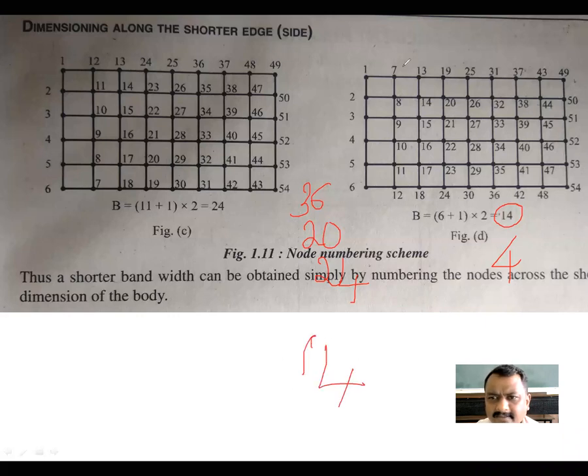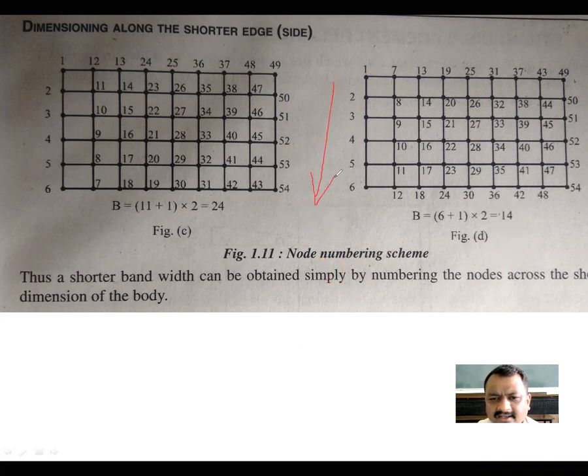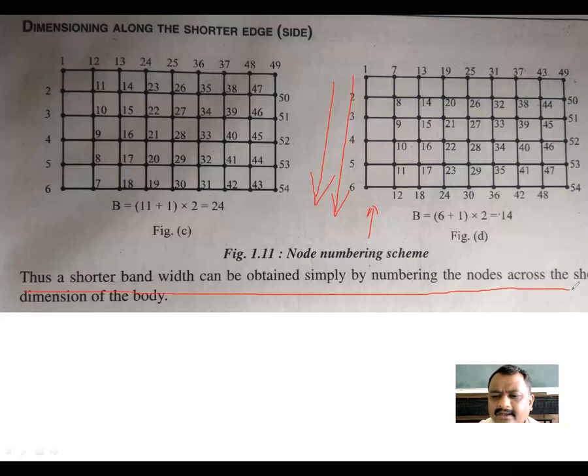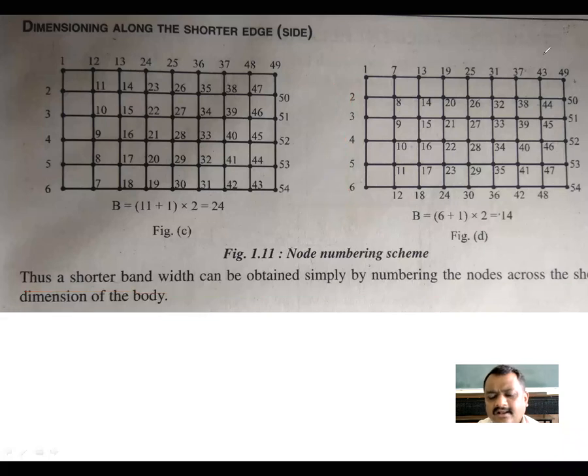So if my bandwidth has to be less, I should always number along the shorter side, and also follow the same direction instead of going in the opposite direction. Thus a smaller bandwidth can be obtained simply by numbering the nodes across the shorter dimension of the body. So this is what a short notes question is about: explain node numbering scheme.